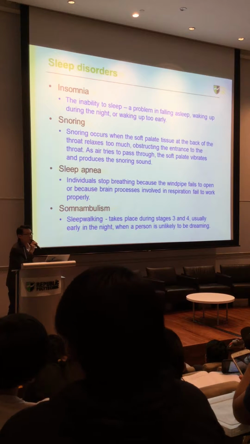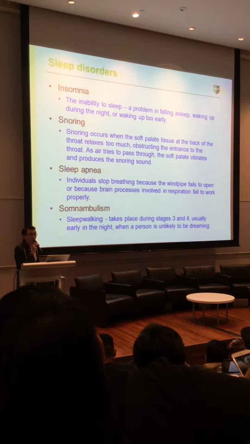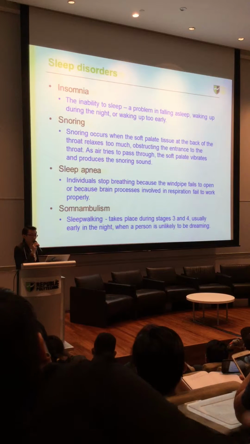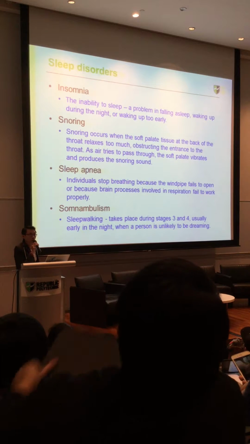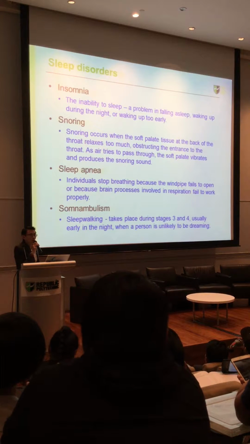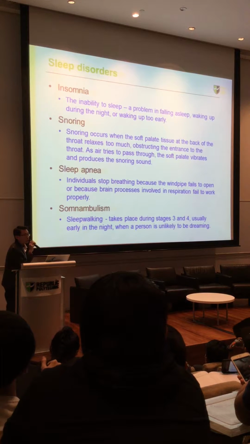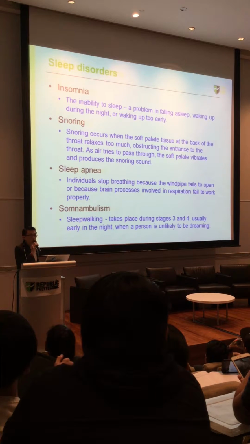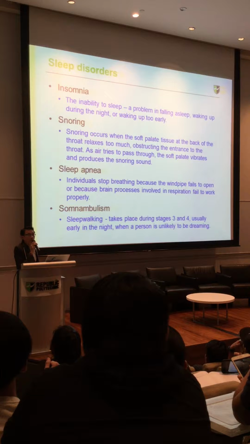Okay, sleep disorders. These are the 4 sleep disorders that are contained in your 6P. You have to know them. Some of the teams that I work with always rely on Dr. Google for all the answers.